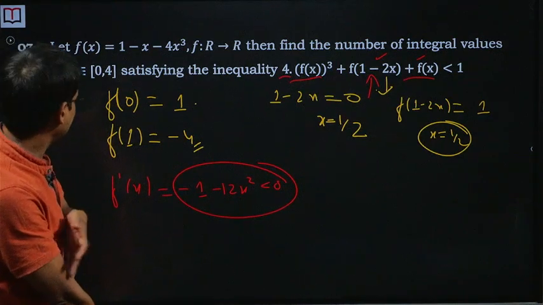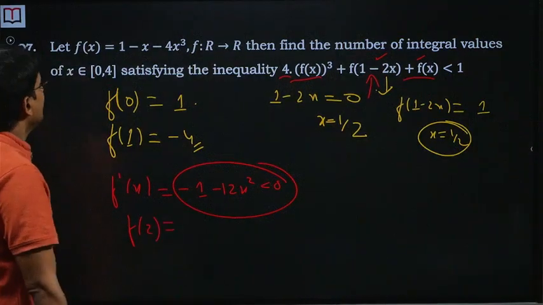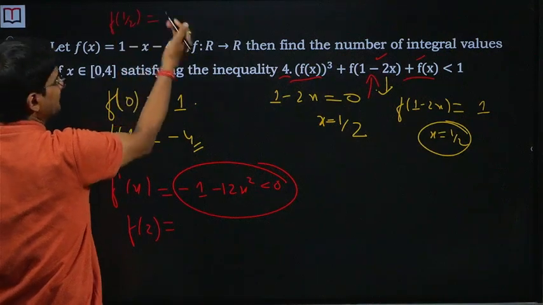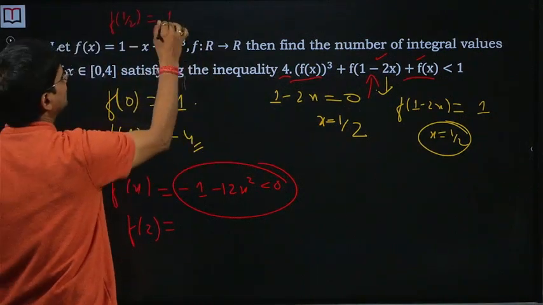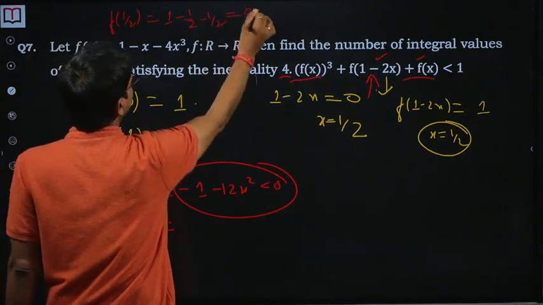One more thing, f(2), moreover f(half). Because x is equal to half, we got 1 minus half minus half, which is 0.